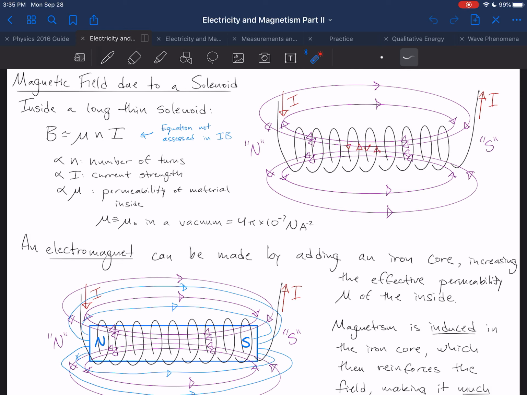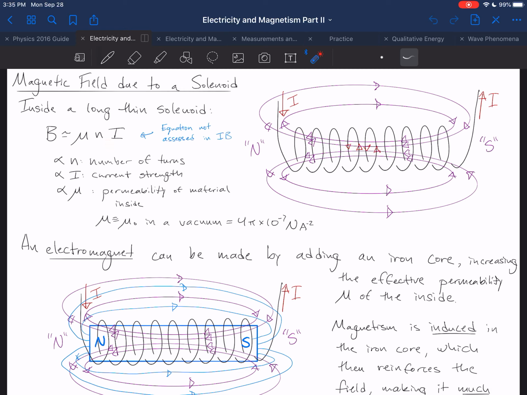Inside that long, thin solenoid, you could calculate the magnetic field. This equation is not assessed in the IB, but using some more advanced mathematics, you can derive that the magnetic field inside the solenoid is approximately equal to the permeability of the material inside it, so if it's an empty solenoid, the permeability of free space or of air, times the number of turns times the current through the loops.